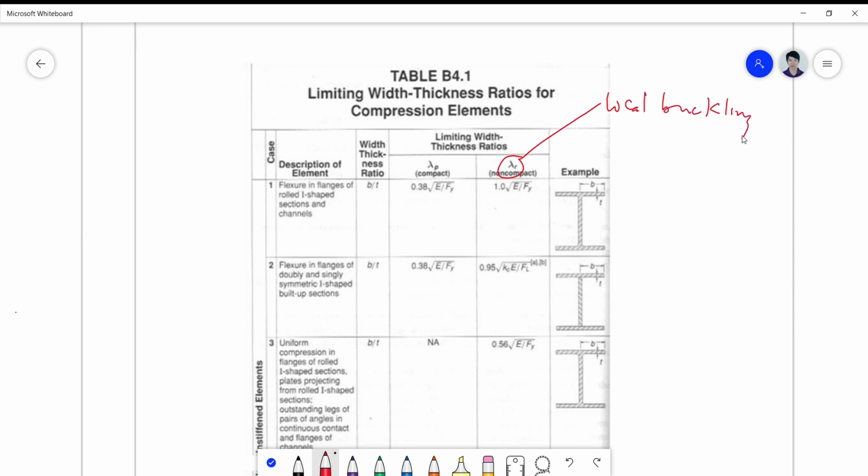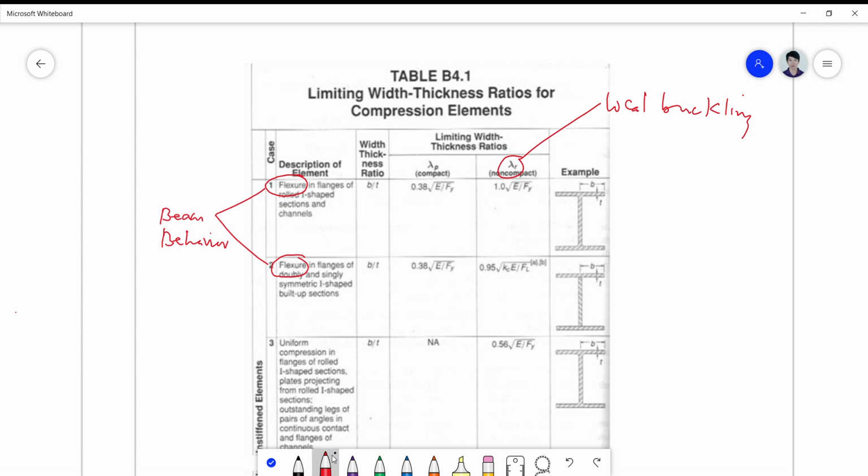But of course, the cases will be more defined on the flexural behavior, because these are intended for beam behavior.